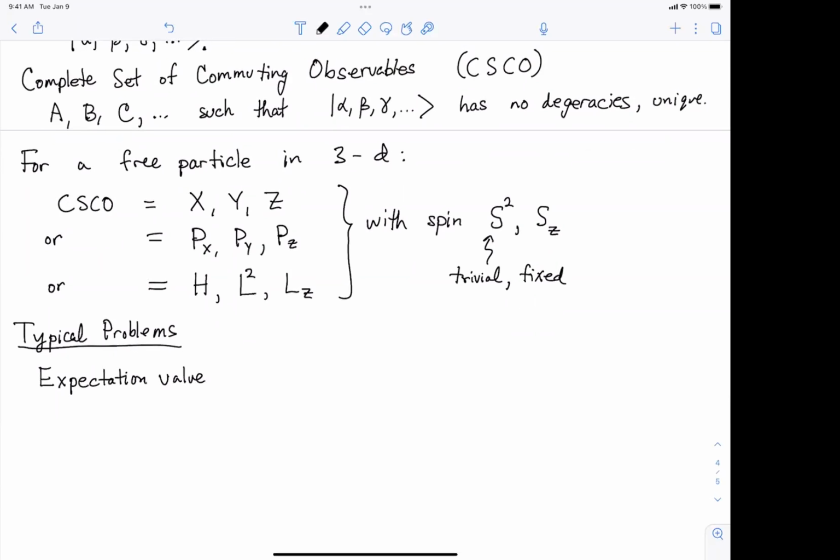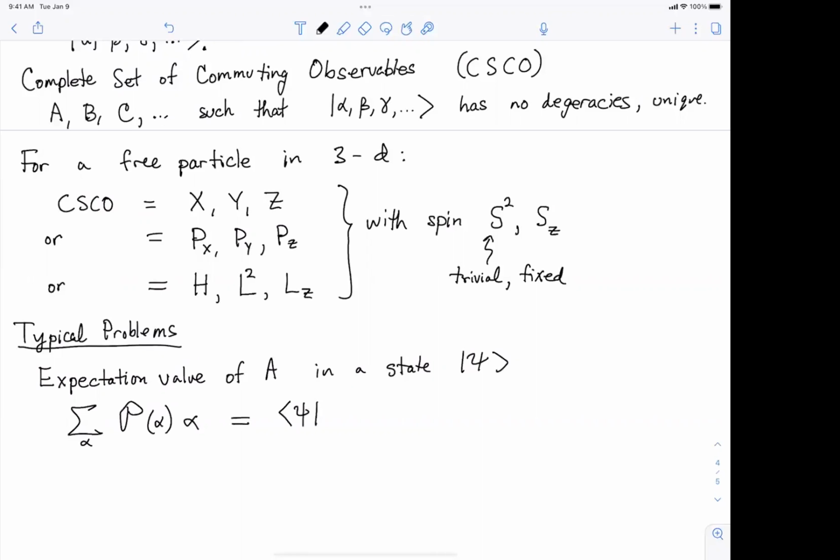So the expectation value of an operator A in a state psi is defined to be the sum over all the possible outcomes of the measurement, alpha, times the probability of getting that outcome, times the actual value of the outcome, alpha. And if you go back to the postulates of quantum mechanics, you find out that you can write it like this.